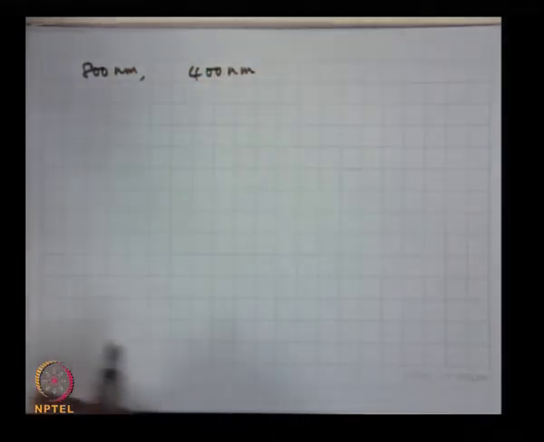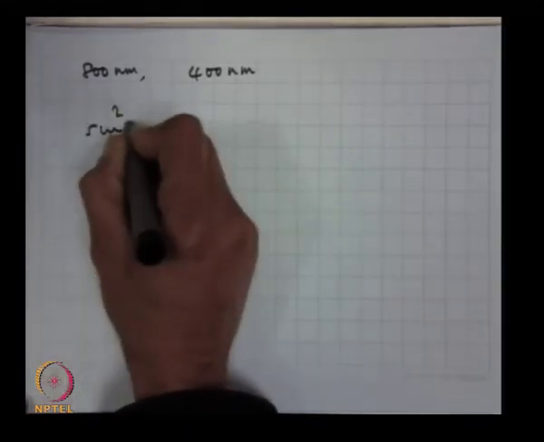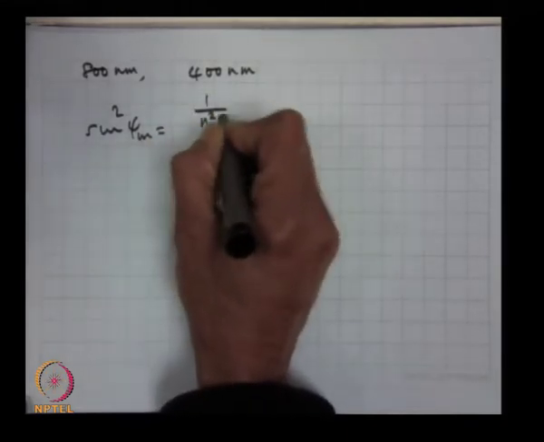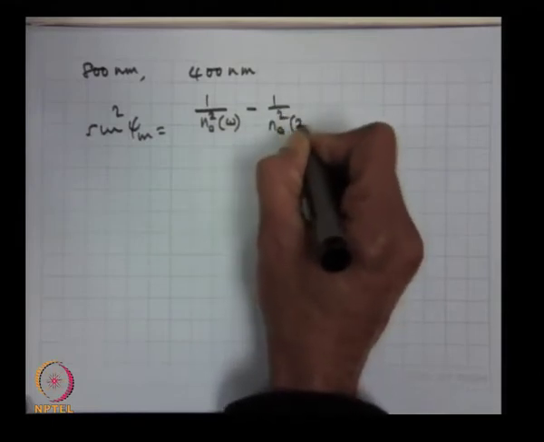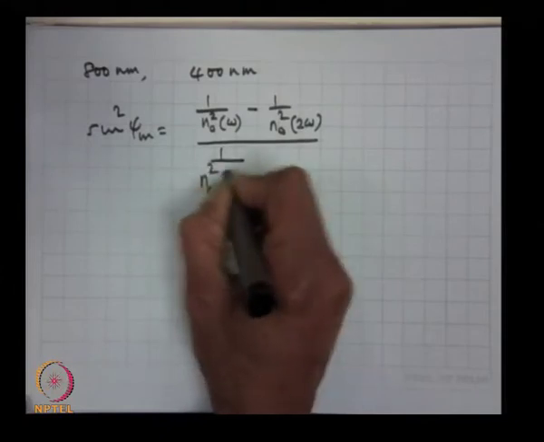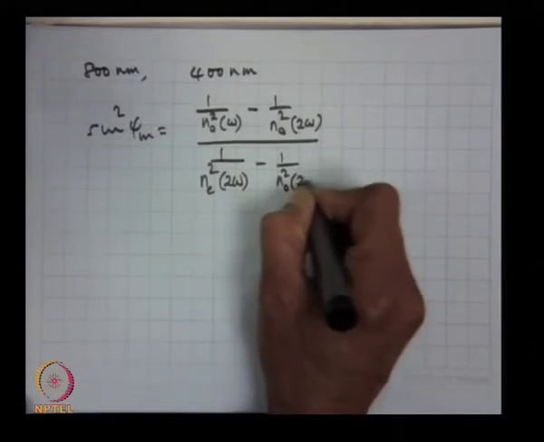Remember this equation we had obtained? Sine square psi m must be equal to 1 by NO square of omega minus 1 by NO square of 2 omega, divided by 1 by NE square of 2 omega minus 1 by NO square of 2 omega.